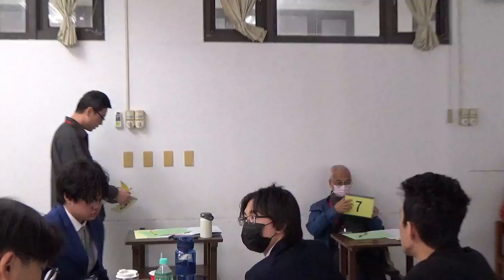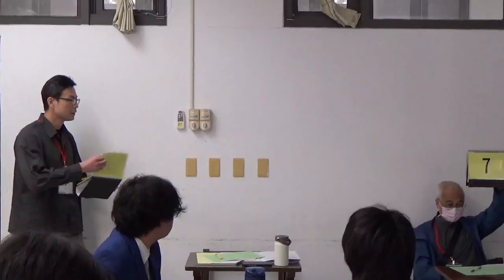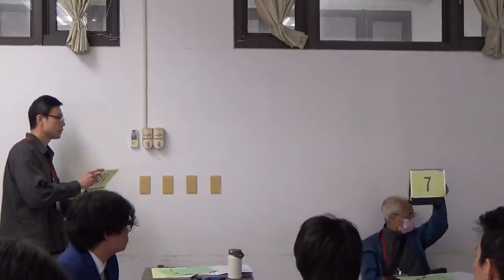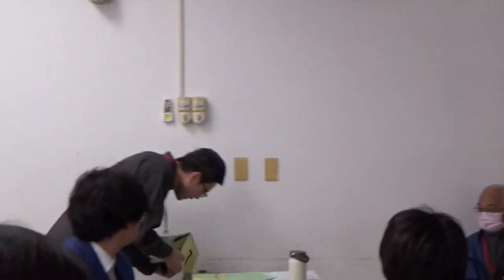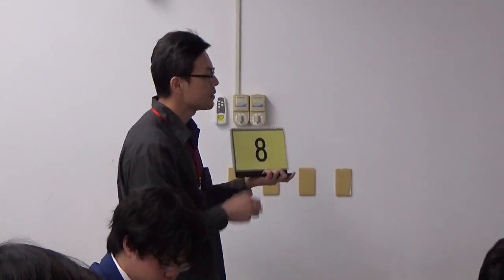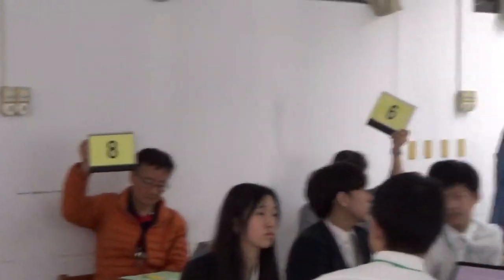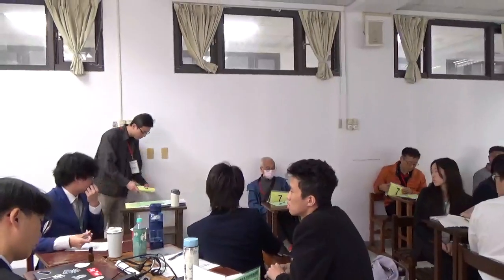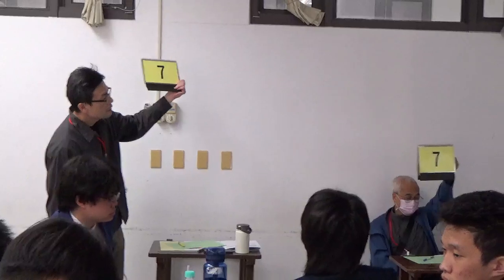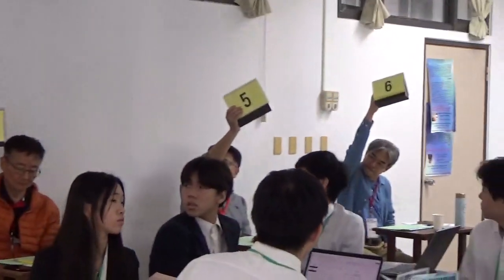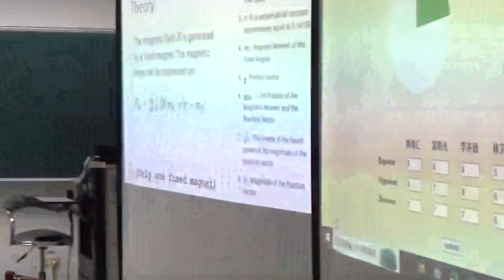Now for the opponent: 8, 7, 8, 6, and 6. Now for the reviewer: 7, 7, 7, 5, and 6. Okay, thank you everyone.